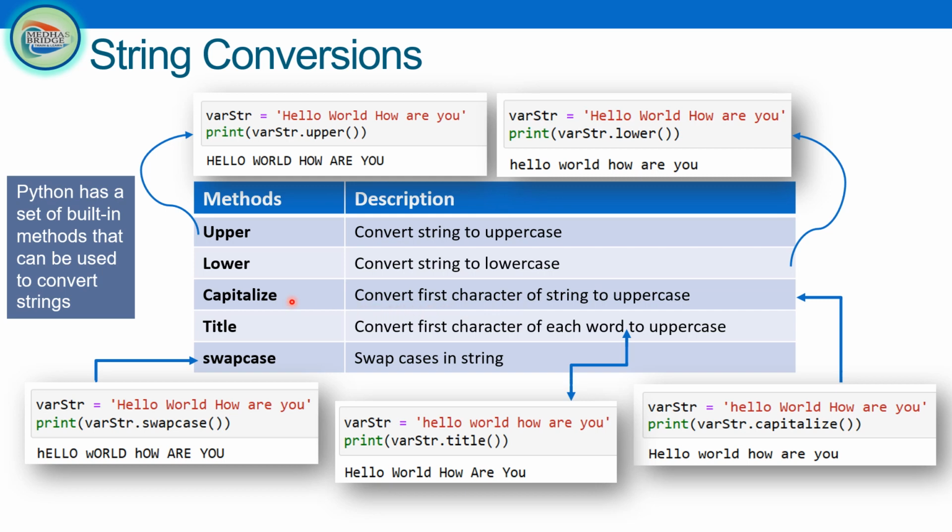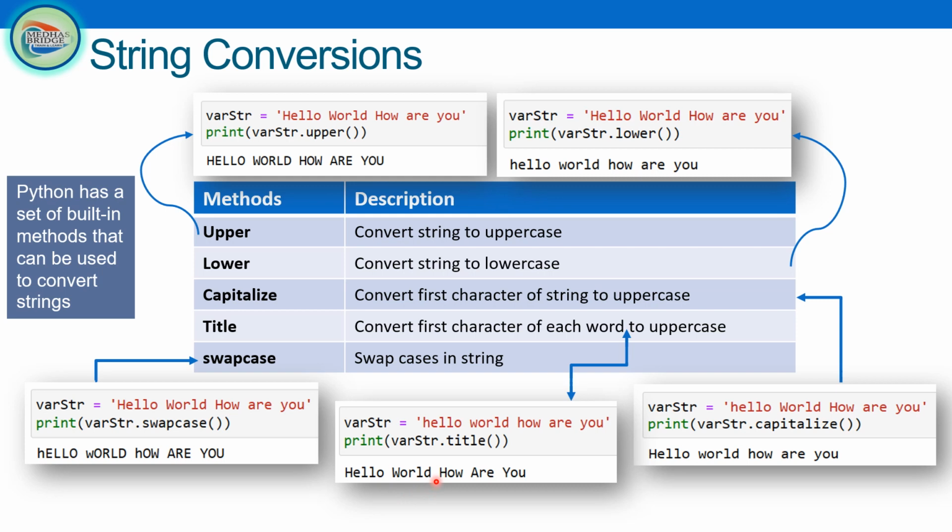Now method capitalize. It converts first character of string to uppercase. If you look at the example, the first letter got converted into uppercase character. Now method title. This method converts first character of each word to uppercase. Look into the example.